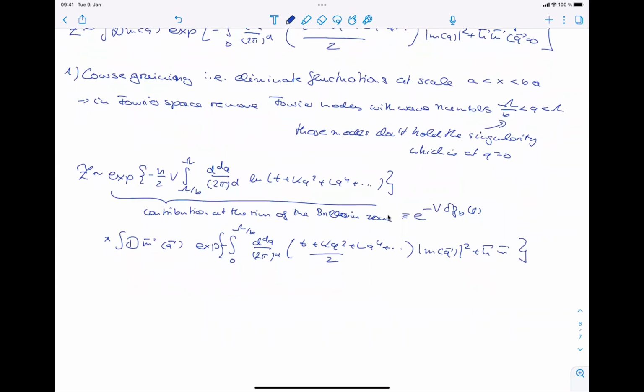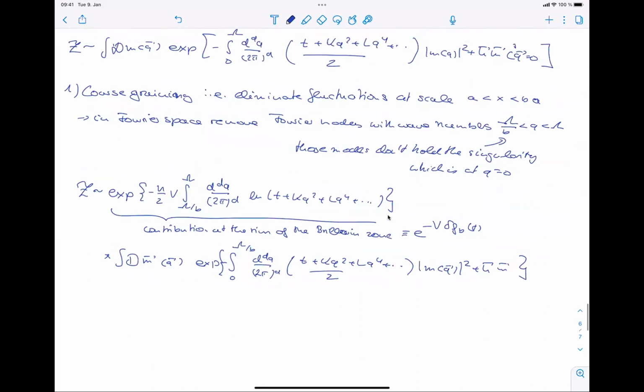So that's the first step. Now we need to find the renormalization transformation, and to that end we need to find out how we need to rescale our variables such that the functional form of the partition function stays the same.